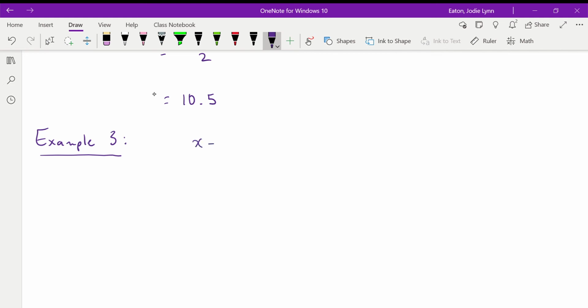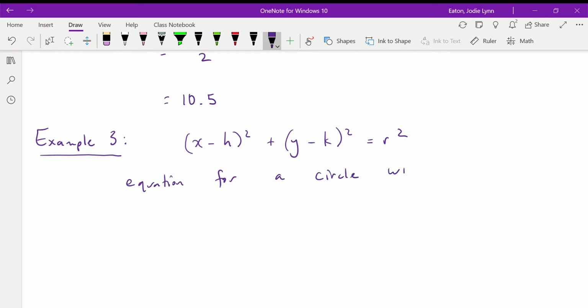We have (x minus h) squared plus (y minus k) squared equals r squared, which is the equation for a circle with center (h, k) and radius r.